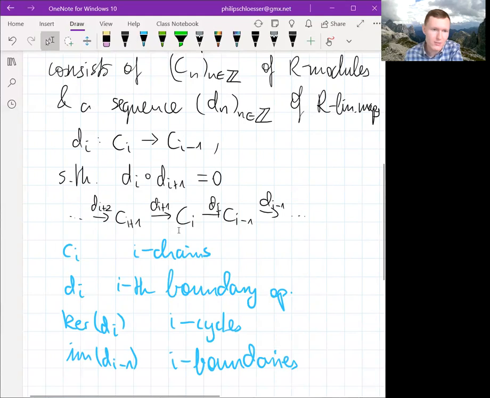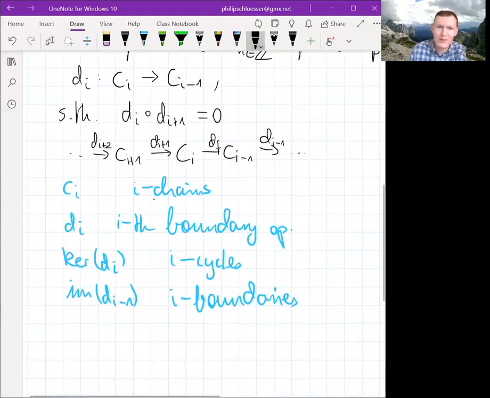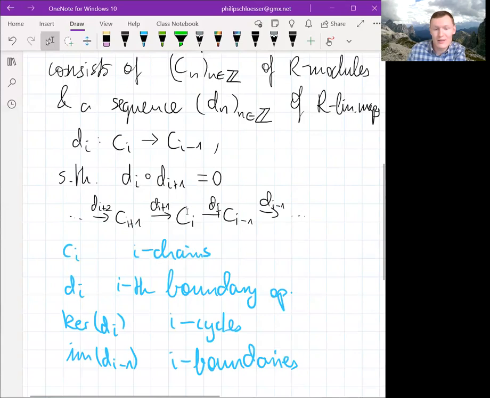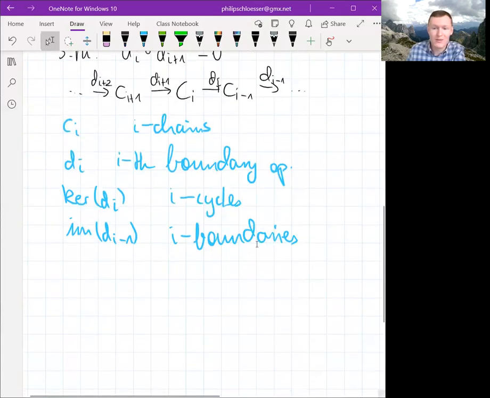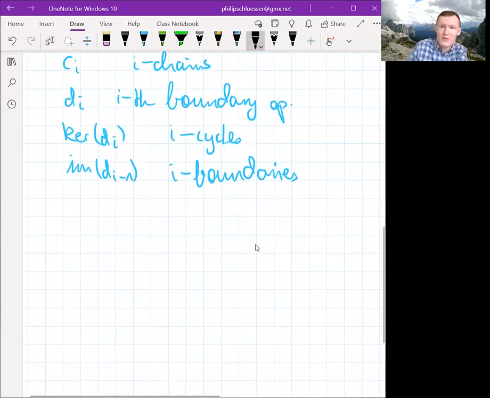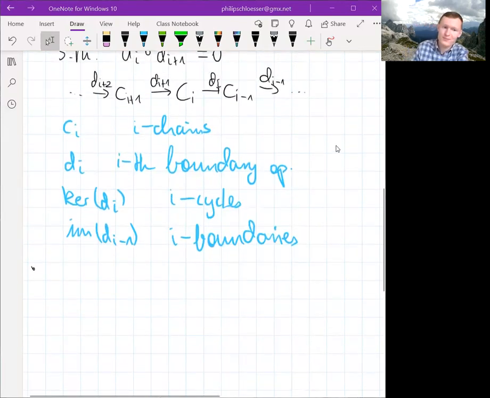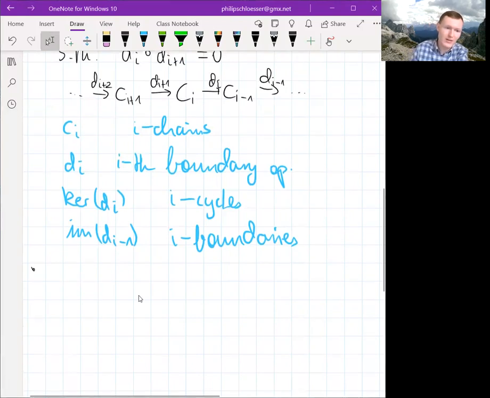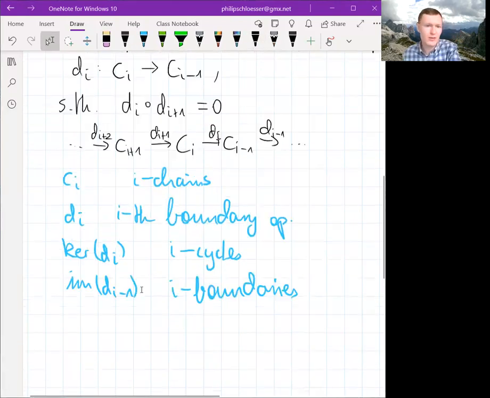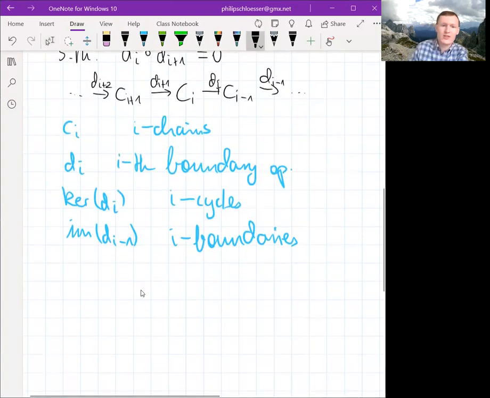This terminology makes a lot of sense if you're talking about the simplicial chain complex, as we will do in algebraic topology. At this stage it's just names we give to the things. The definition and intuition come from algebraic topology, where we're talking about simplices, and chains are linear combinations of simplices.